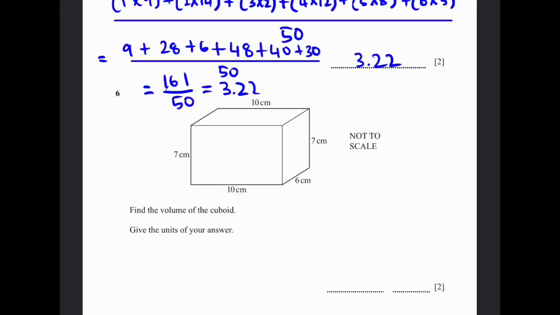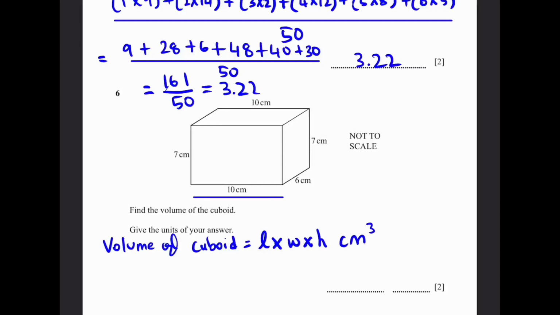Question 6. Here's a cuboid. Find the volume of the cuboid. Give the units of your answer. So the volume of cuboid equals length multiplied by width multiplied by height, centimeter cube. The length is 10 centimeters.